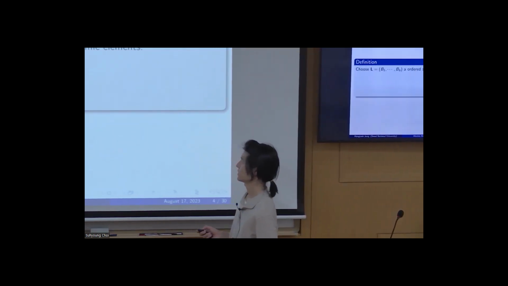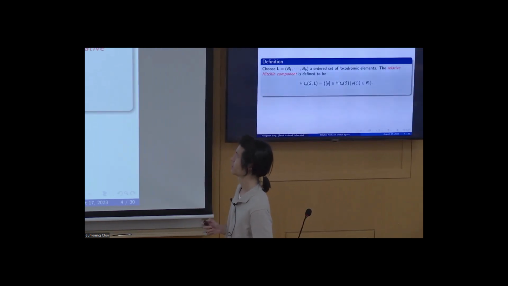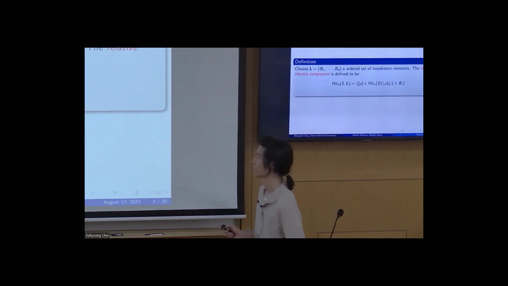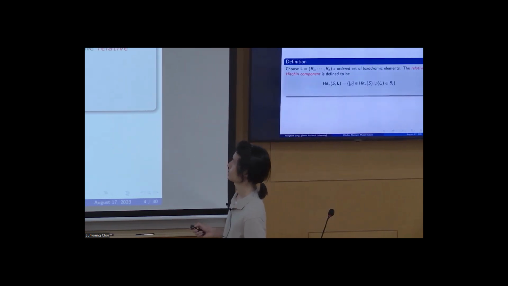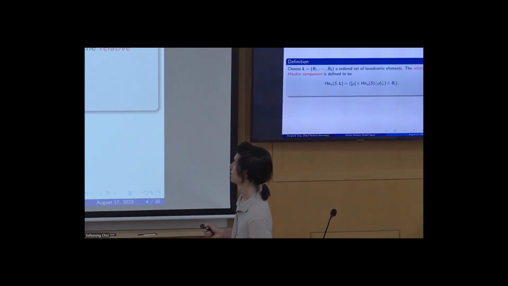So let us fix some ordered set of loxodromic elements, and then we can define a relative Hitchin component, as we did for the Teichmüller space. The relative Hitchin component is the Hitchin component, but we restrict our boundary holonomy to the prescribed data.